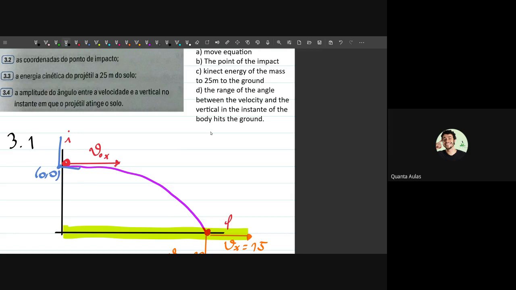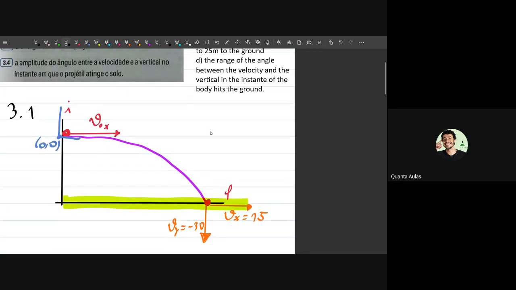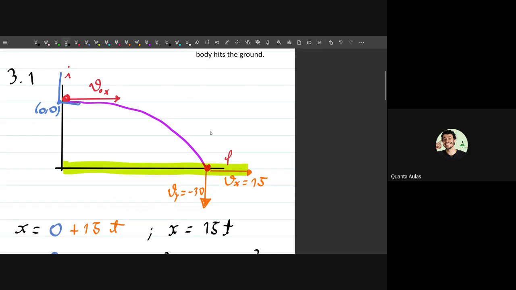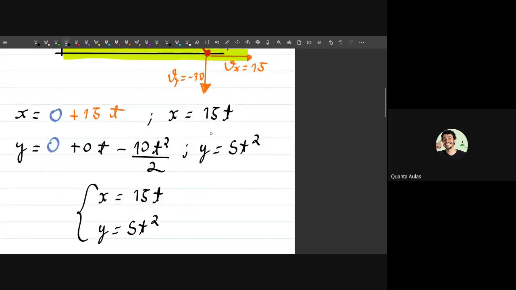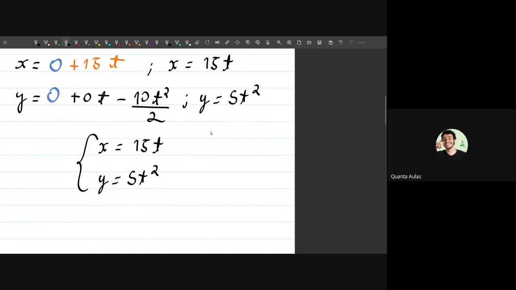So we have this movement. Because of this, we have acceleration in y, no acceleration in x. And I put the things in the equation because our velocity doesn't change in x, and we don't have initial velocity in y, just the acceleration. So this is our equation.